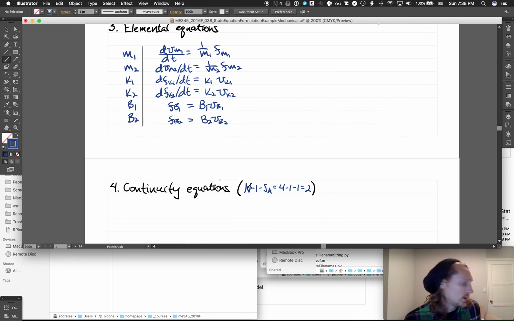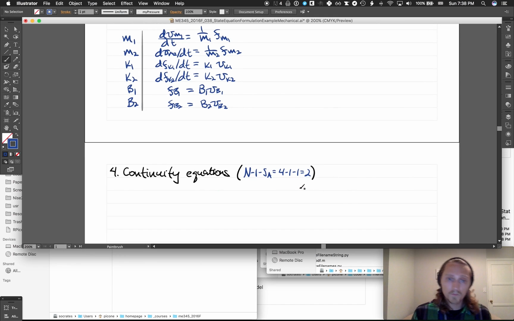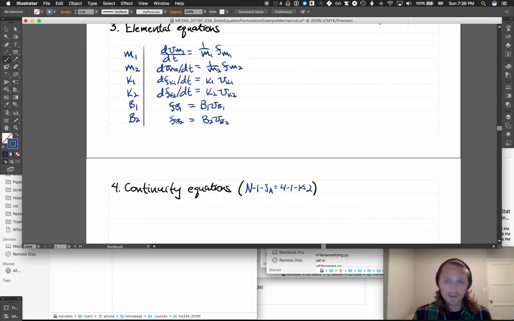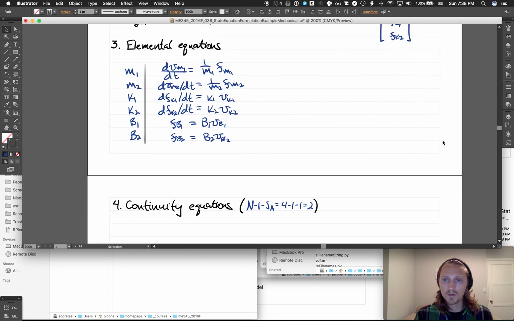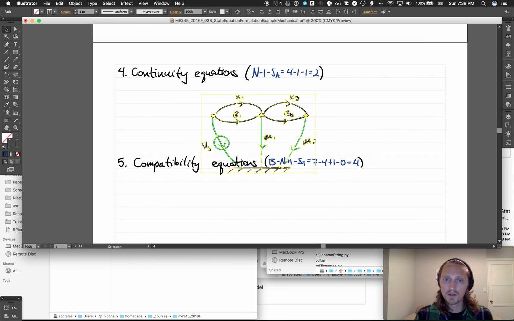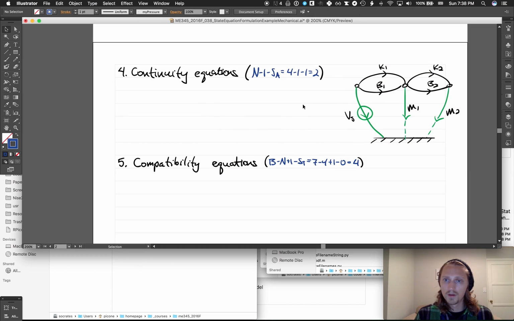Okay. Continuity equations. I'm going to copy this graph down so that we can see it while I do this part. It's kind of hard to flip back and forth on this. So, okay. Continuity equations, remember, are determined by our contours.